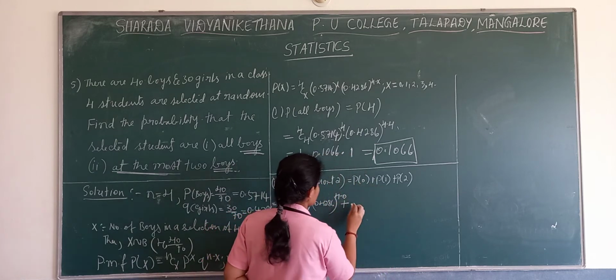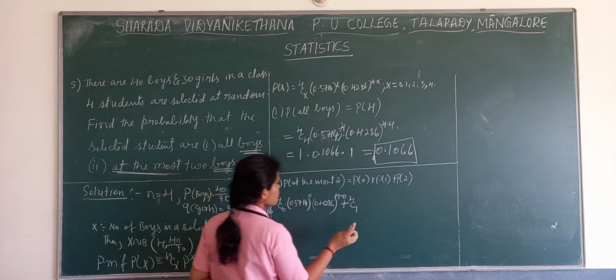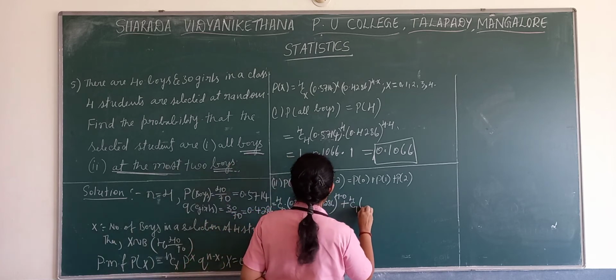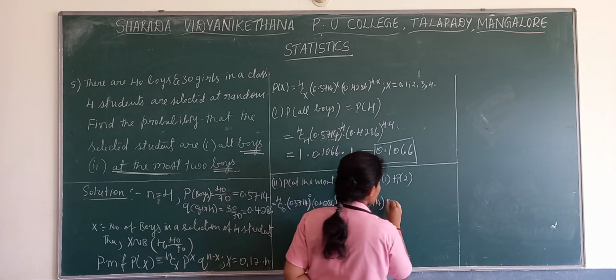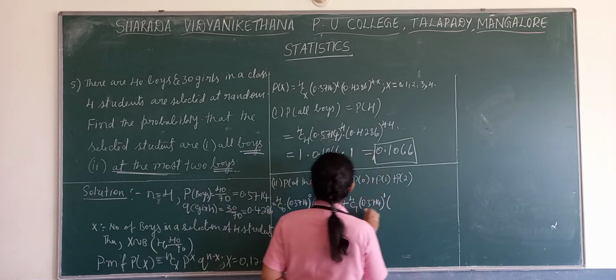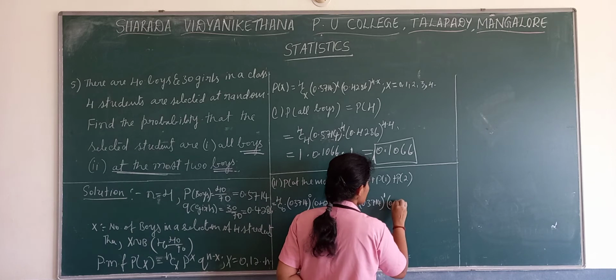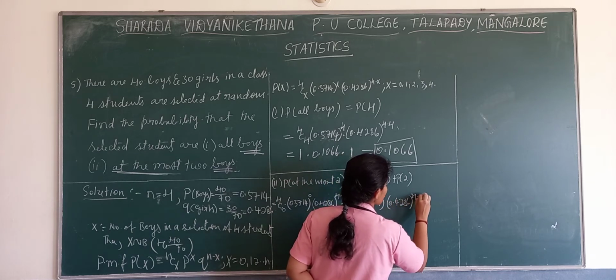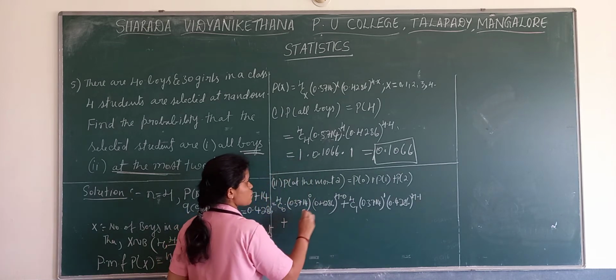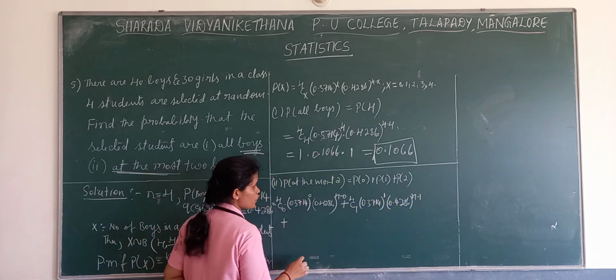Now for P1, 4C1 into 0.3714 to the power 1 into Q value 0.4286 to the power 4 minus 1, plus one more, P2.